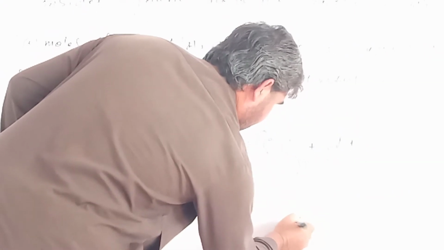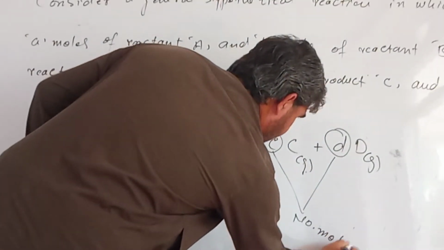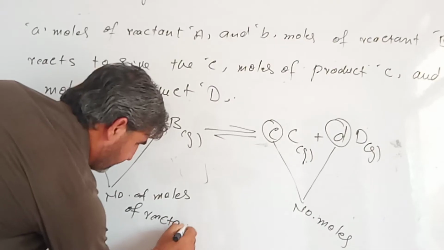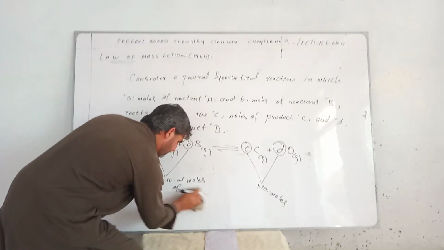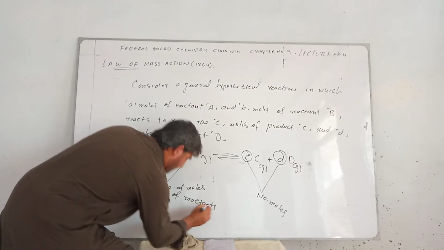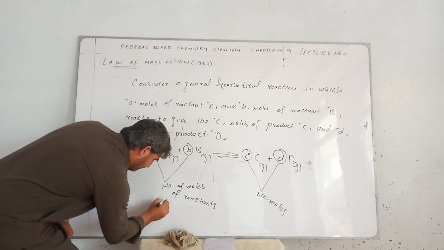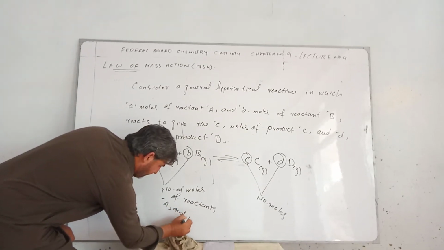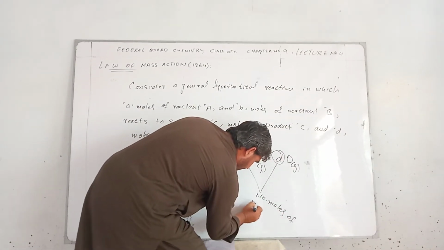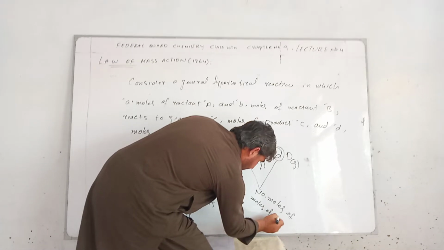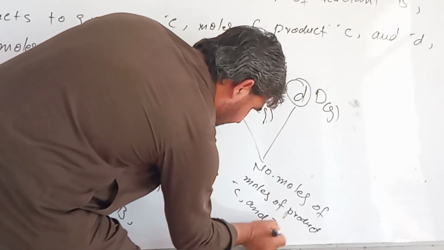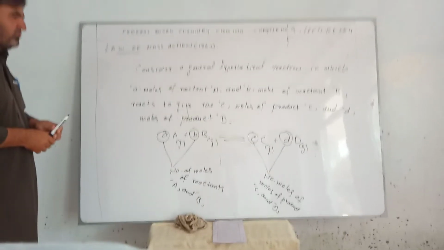These are the number of moles of reactants A and B, and these are the number of moles of products C and D. That is very simple, there is no complexity.